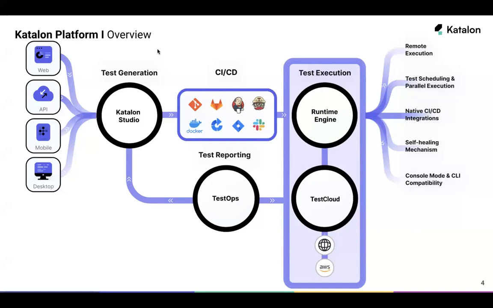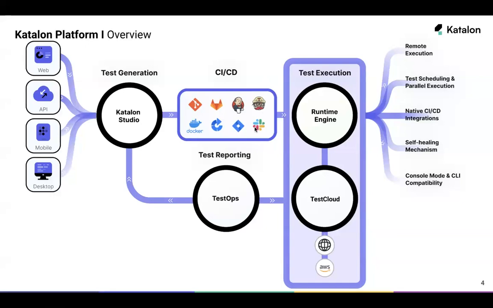First, our main product, the Katalon Studio Enterprise, will help us create scripts for different application types, whether web, API, mobile, or desktop, in a single tool. We can easily create the script with the help of the recording feature, and we can use the inbuilt libraries. That will help us create the script.